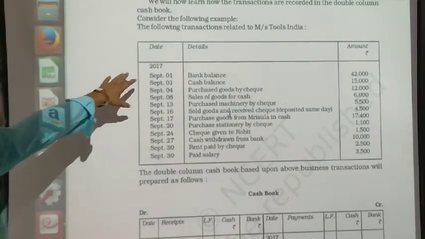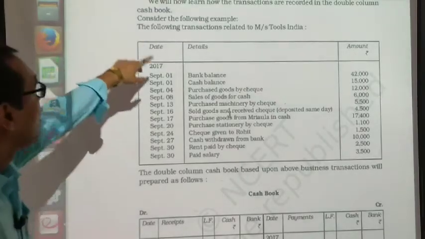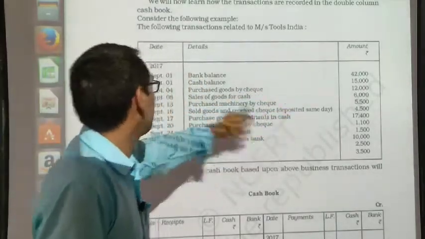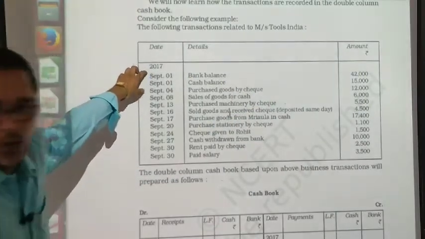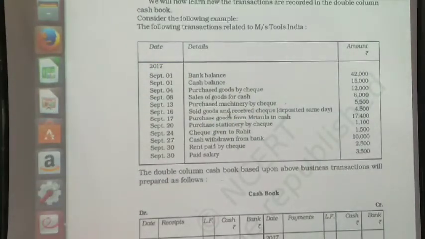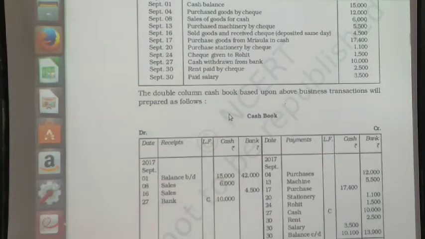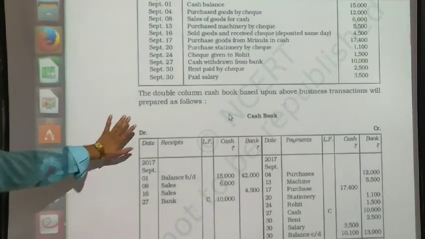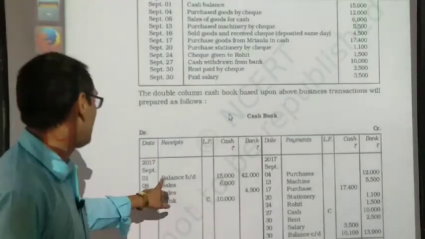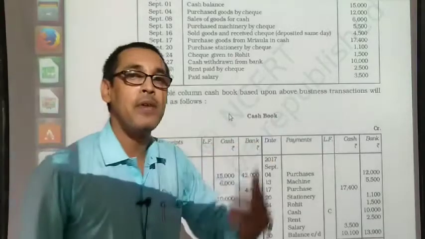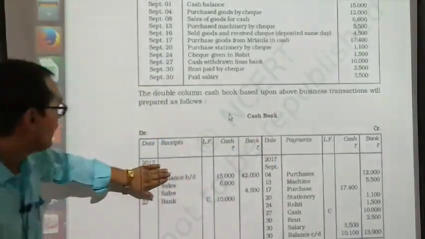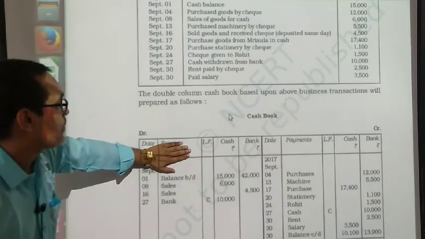Okay student, look at the question. Bank balance is given 42,000, cash balance is given 15,000. These are the opening balances. So how can we present the opening balances in the double column cash book? Look at To Balance b/d, because cash and bank have debit balances, and we record them on the debit side of the cash book.